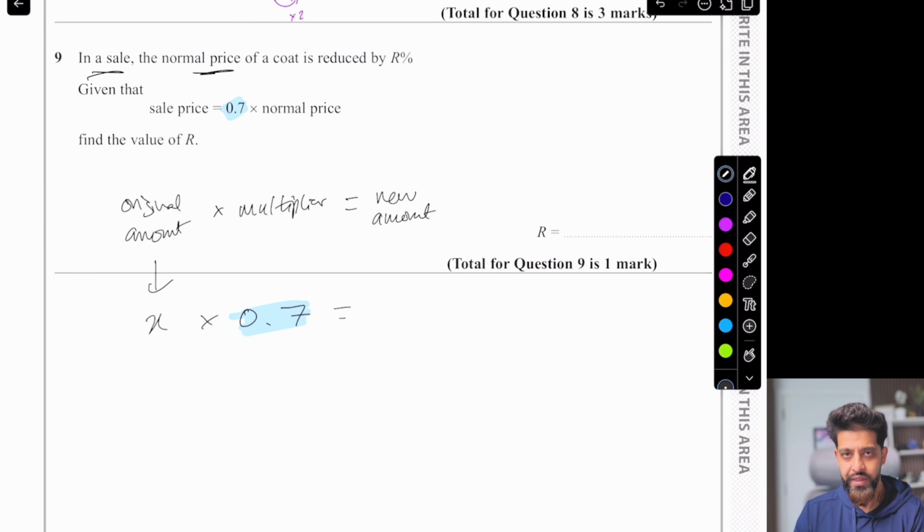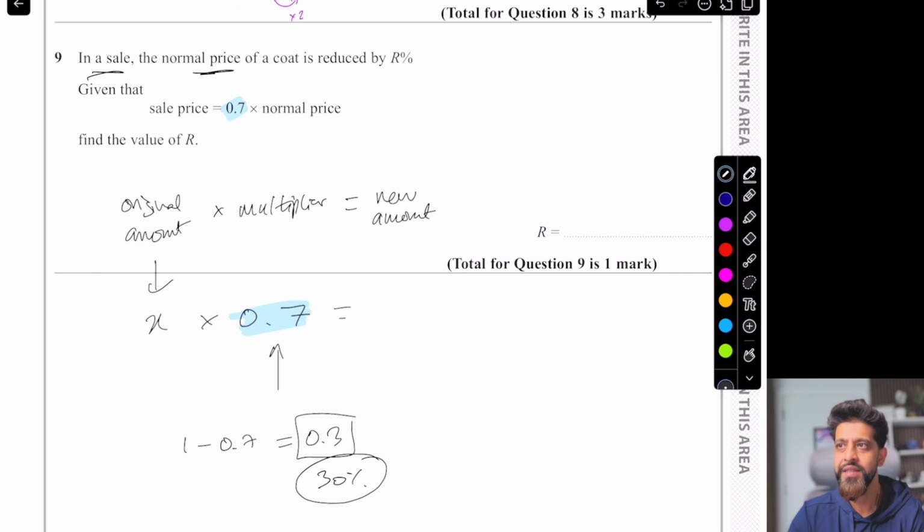Normally, all percentages are of 100. This has been reduced to something, 0.7. 1 take away 0.7 is 0.3, so it's been reduced by 30%. Let me give you another one. Imagine something has been reduced by 60%.